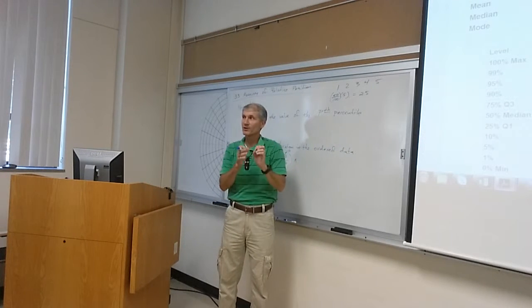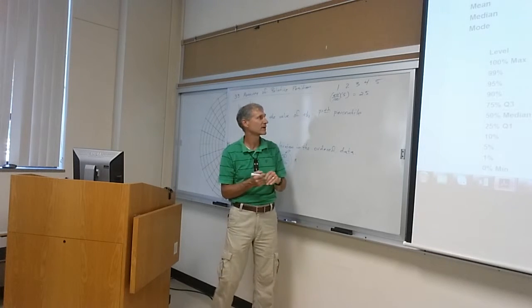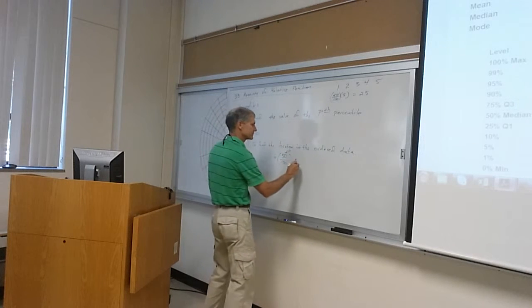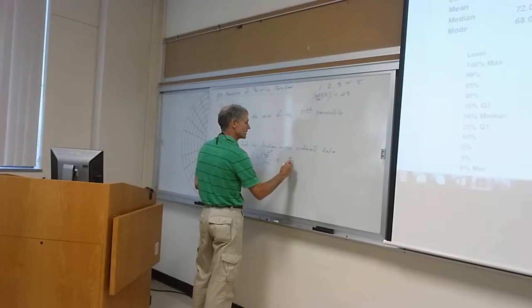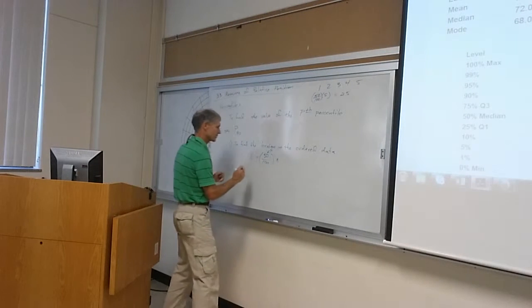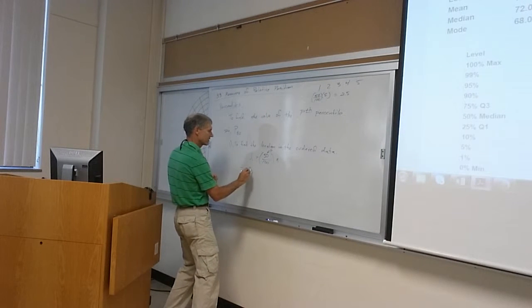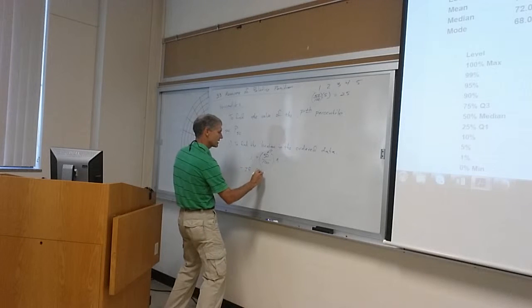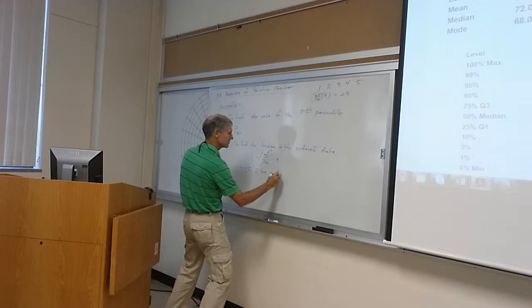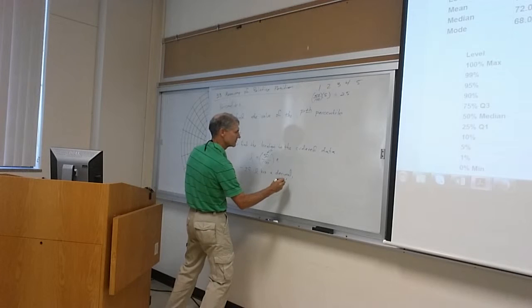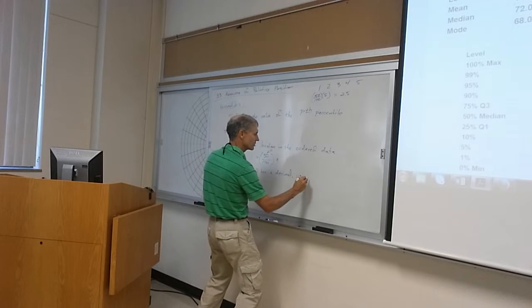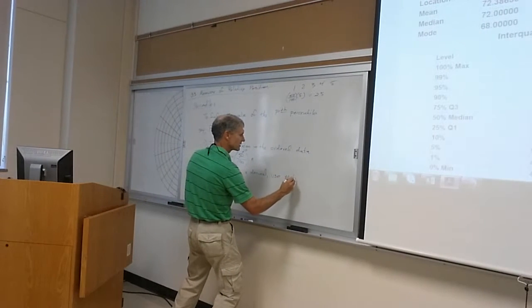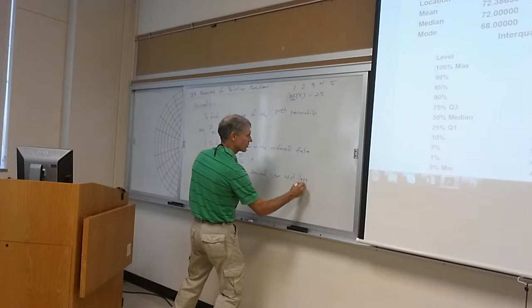So this is how you deal with odd number, even number kind of thing. If L has a decimal, use the next larger whole number.